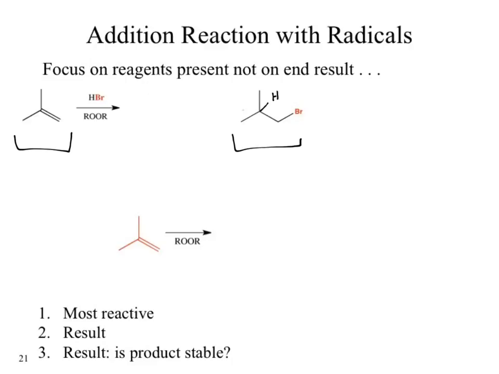Why is this addition reaction a bit odd? If we change that reaction now, what would we expect the product to be? What did I change? There's no more radical initiator.